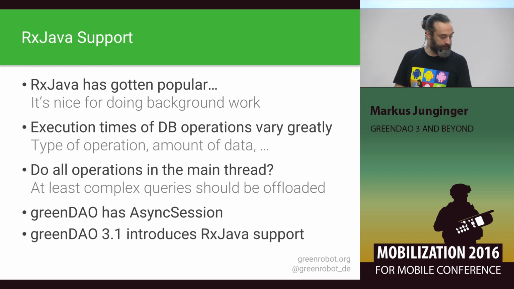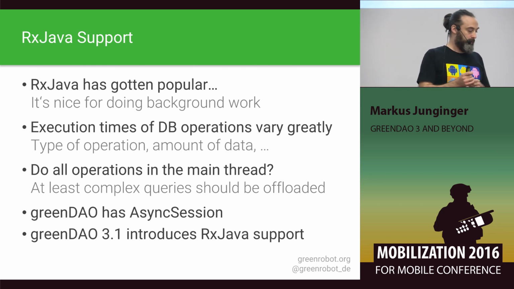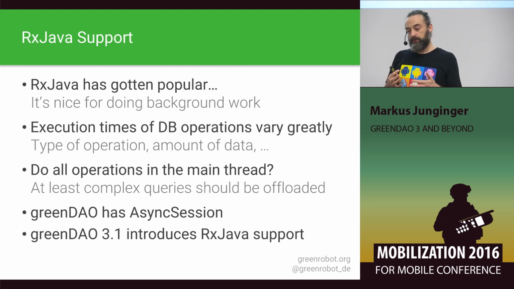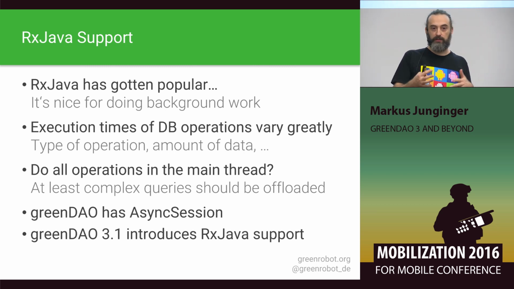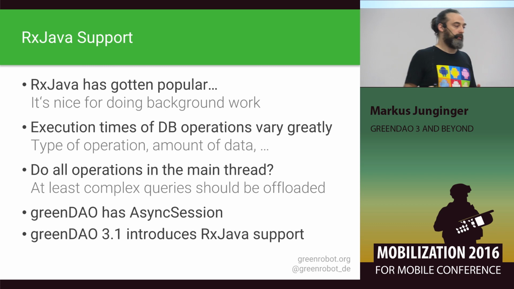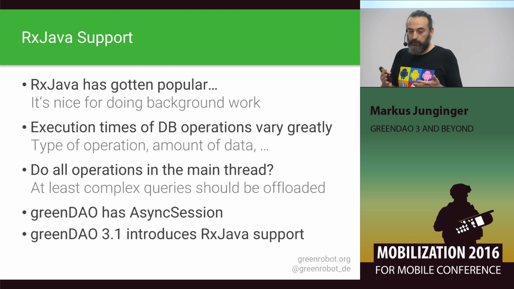There is also a connection with databases because you don't want to do too much on your main thread. You don't want to block the UI or skip frames, so you want to offload more complex operations to a separate thread. This is where Rx also comes in. It's also a matter of taste.